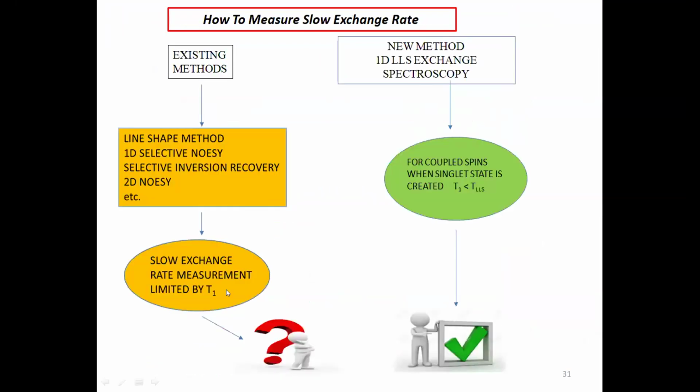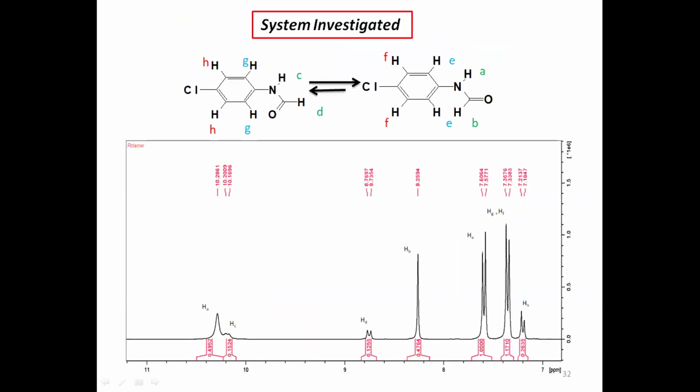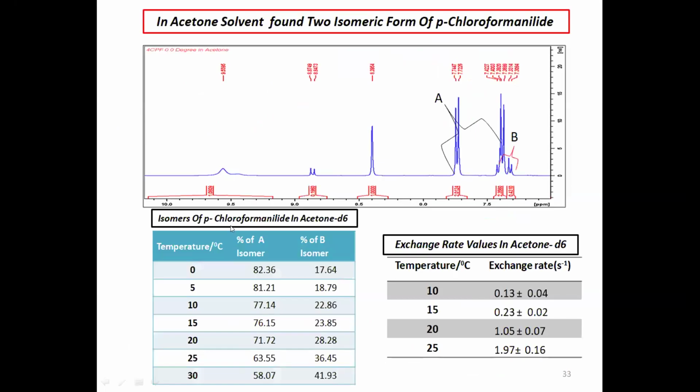Here we used slow exchange rate measurement, which is limited by T1. We used LLS and also the conventional method. Here you can see the spectrum. For this reason we generated long-lived states between this pair of spins, and we got a result that was very good for us.